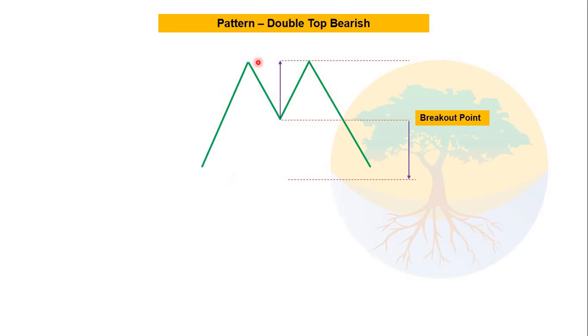So when you are trading a double top formation, you are actually entering into what is called a short trade. This is usually for traders. If you are an investor and you see a double top, then usually when it reaches this point, you should know that price is probably confirming a double top.